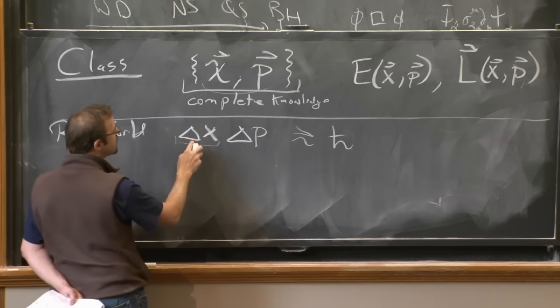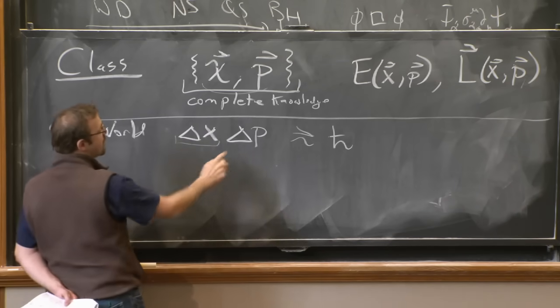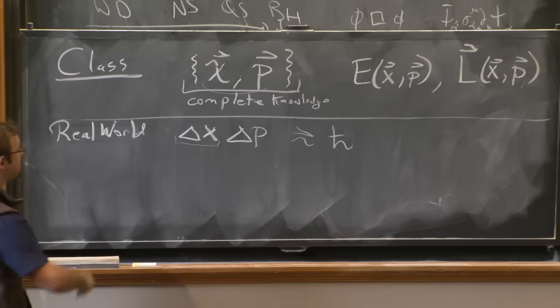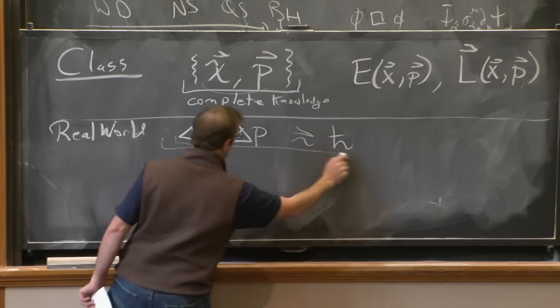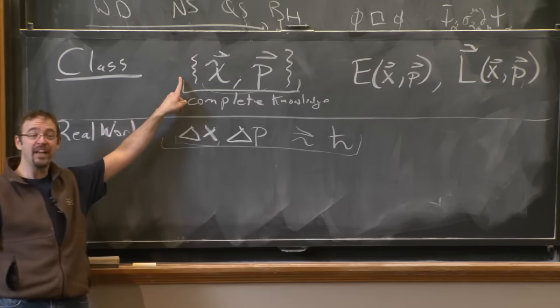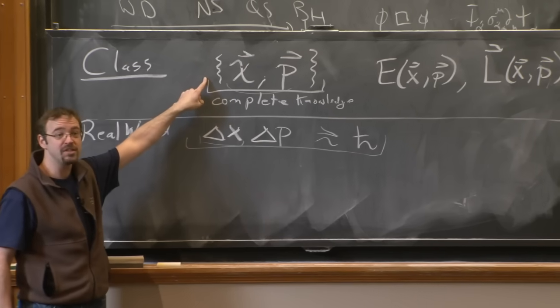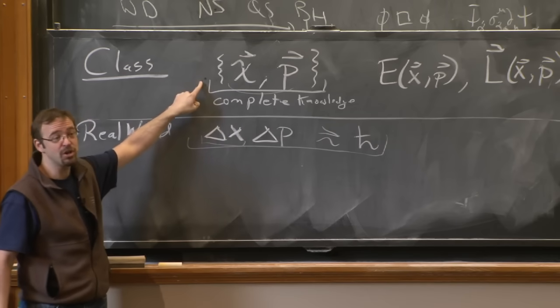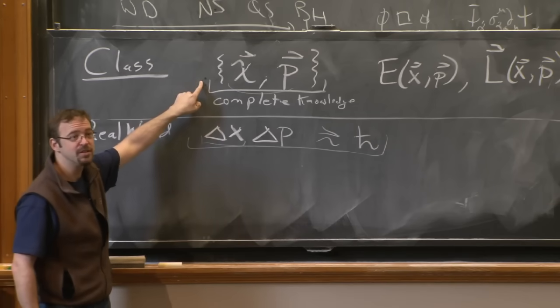Okay? You can't be arbitrarily confident of the position and of the momentum simultaneously. You worked through a good example of this on the problem set. We saw this in the two-slit experiment and the interference of electrons. This is something we're going to have to deal with. So as a consequence, you can't possibly specify the position and the momentum with confidence of a system. You can't do it. Okay? This was a myth. It was a good approximation, turned out to be false.